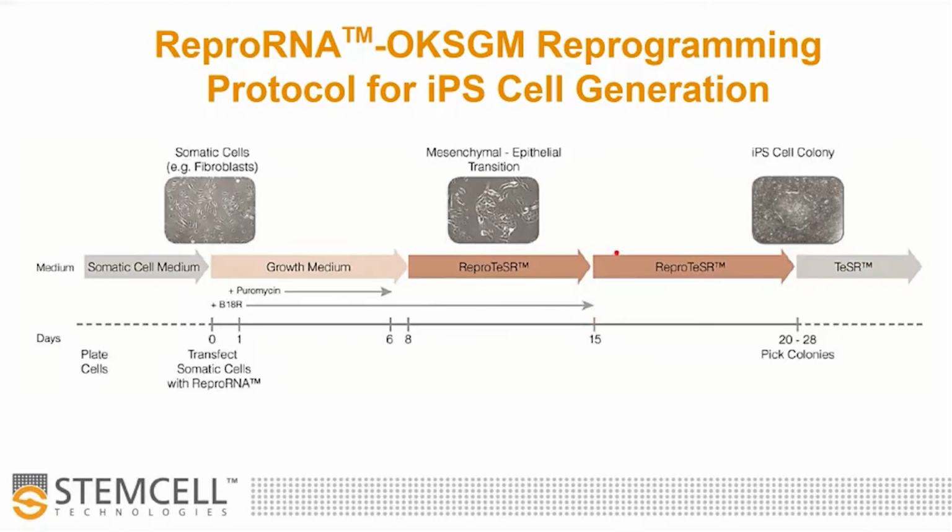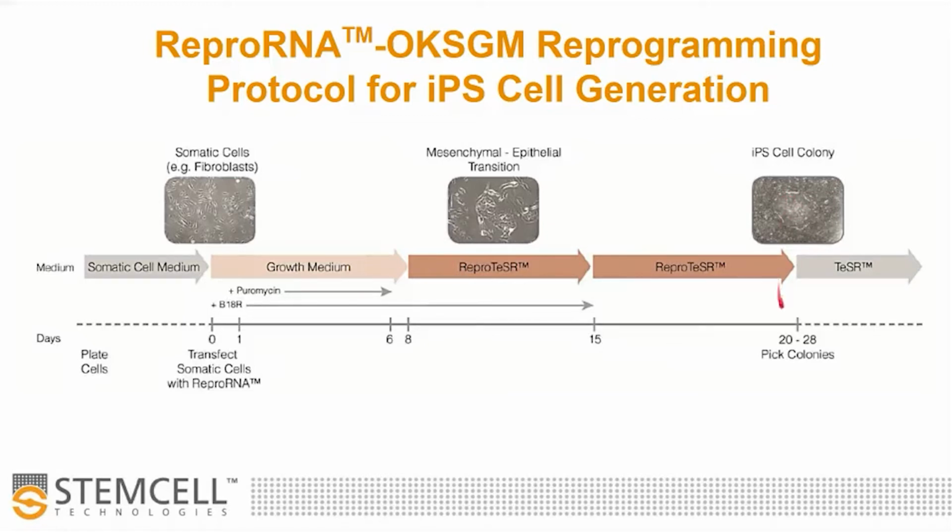However, you would continue doing daily medium changes with ReproTeSR until you start to see this iPS cell colony morphology of a tight, defined border, tightly packed cells, and a phase bright center where the cells are multi-layering at the center of the colony.